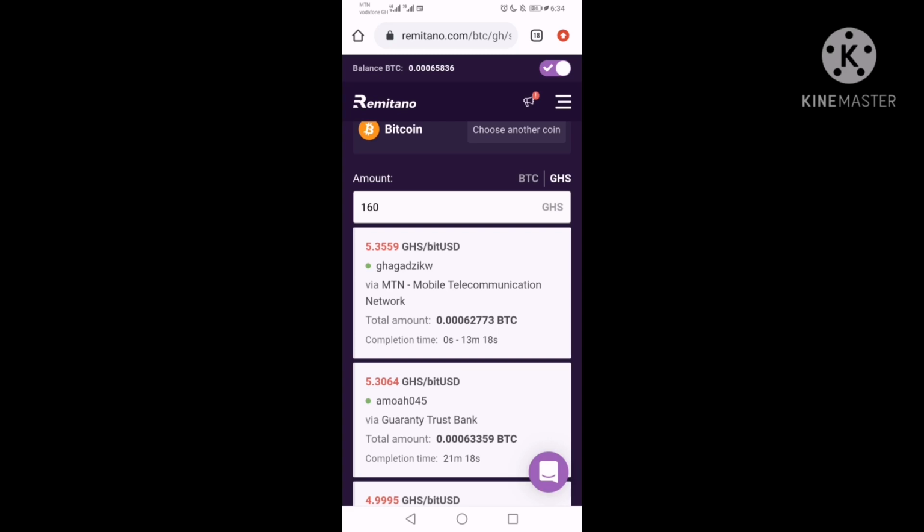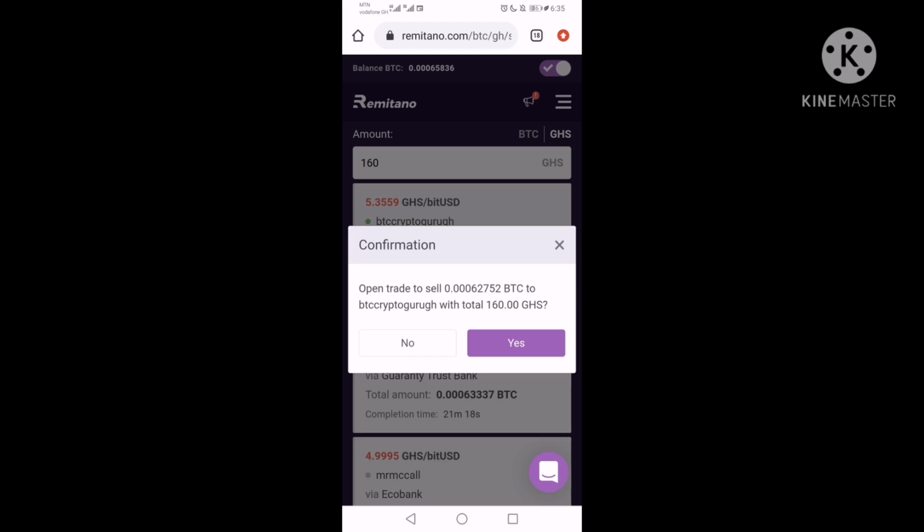So if you are doing it with a company like Remitano, where in case the person doesn't send your Bitcoin, they can always send your Bitcoin back to your account, I would prefer that as my first option than going to buy Bitcoin in WhatsApp groups. Mind you, some WhatsApp groups don't even show their admins. The admins don't show their identity. All you hear is that send us the Bitcoin and we'll send you the money. So I'll choose this over that for now.